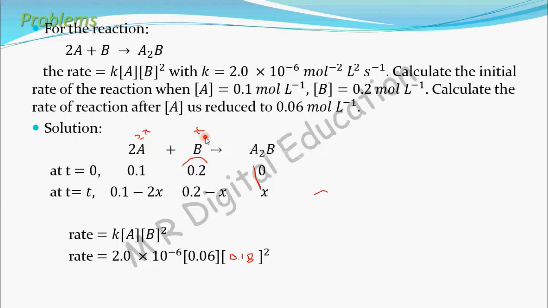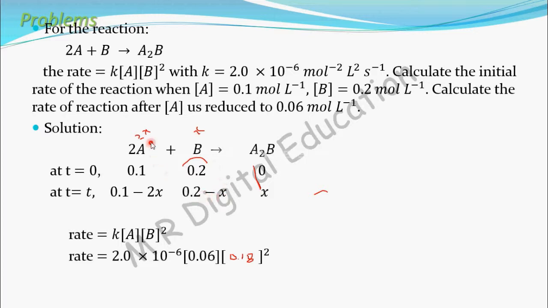So what happened now? The reaction used x mole per liter of B and 2x mole per liter of A to form x mole per liter of A2B. See how much is remaining. B is used, x mole per liter out of 0.2, so the remaining is 0.2 minus x.